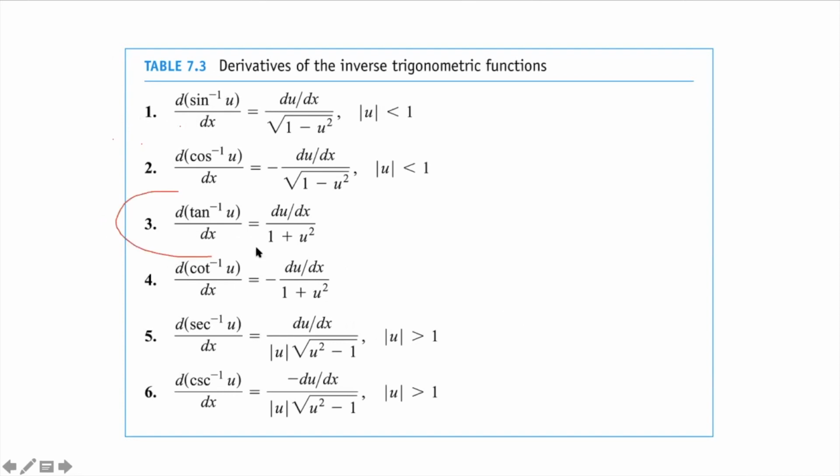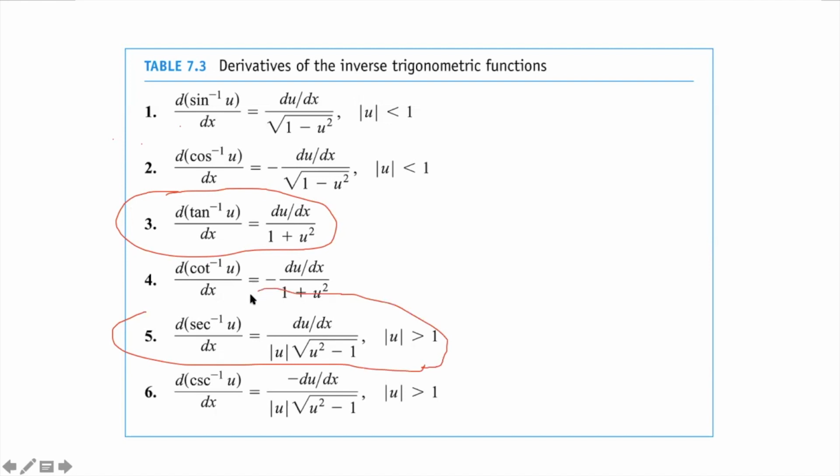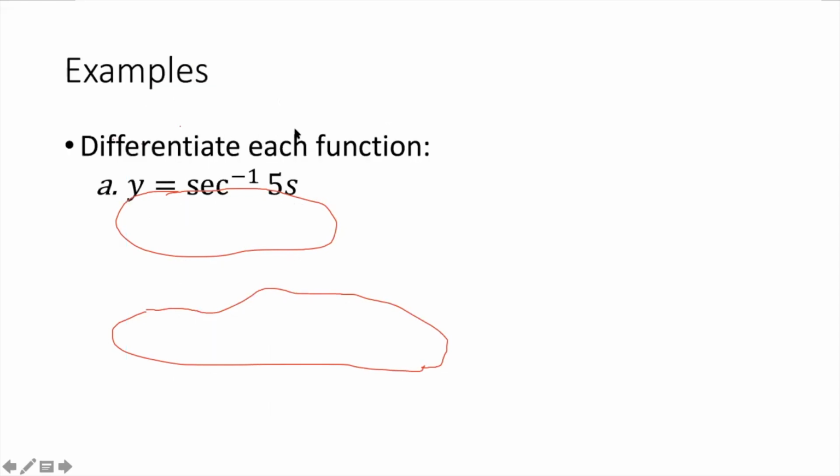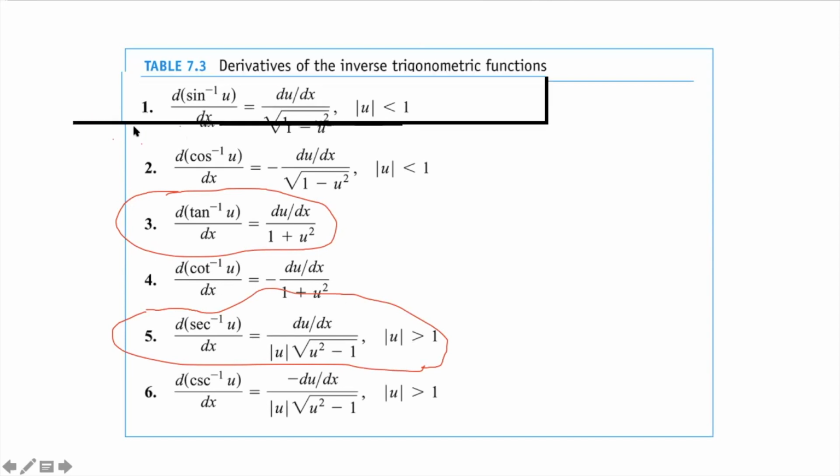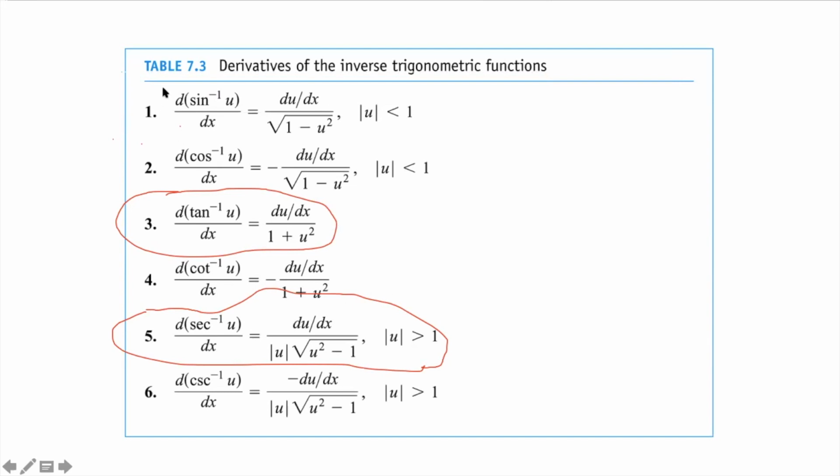Well, the inverse tangent, the inverse secant, and, darn it, I've got this window that pops up. I guess I have to move it. It's right in the way. Okay, there we go. Now I can circle this.